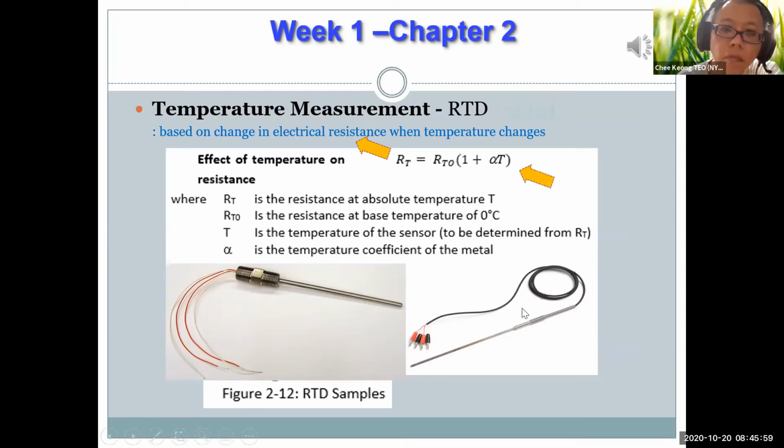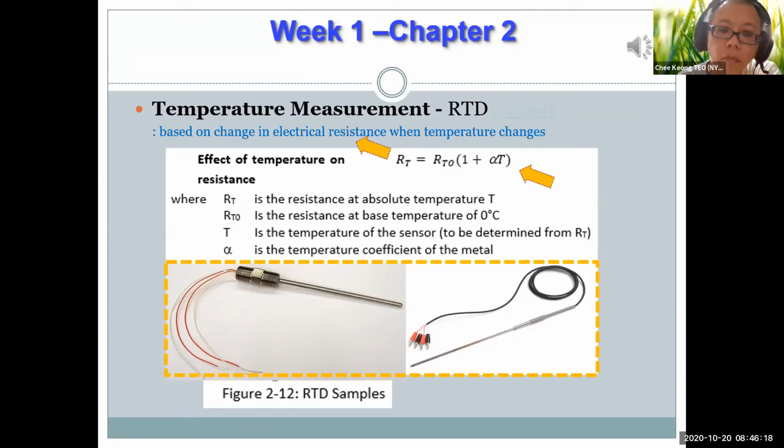The equation that governs the RTD is RT equals RT0, resistance at temperature 0 degree, multiplied by open bracket 1 plus alpha, temperature coefficient, multiplied by temperature, close bracket. RTD exists in forms of 3 wires and 4 wires type. Each type is chosen based on the sensitivity of the measurement over the line resistance.